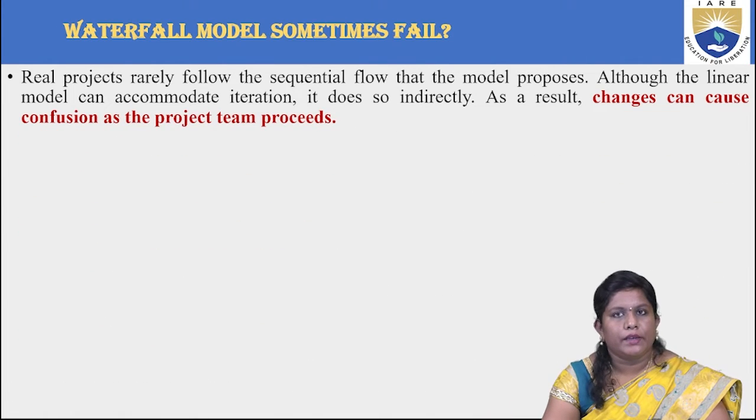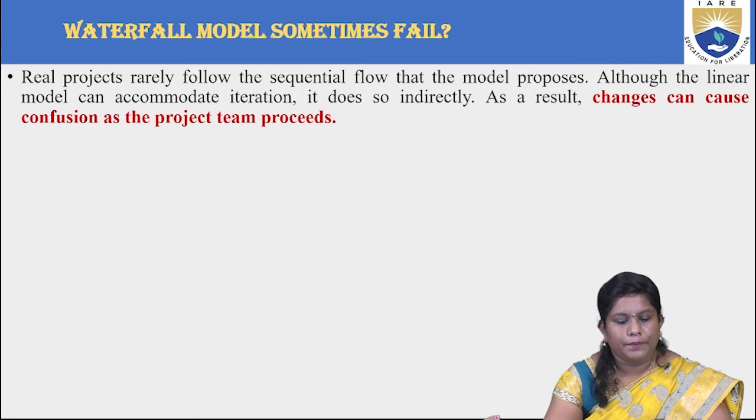So what does this mean? When does the waterfall model fail? So when you consider some real projects, right, follow the sequential flow that the model proposes. So generally, when you are executing a project, you are following some predefined steps.